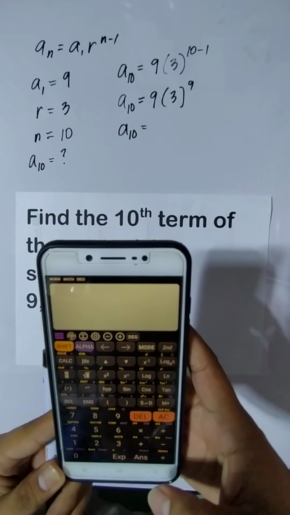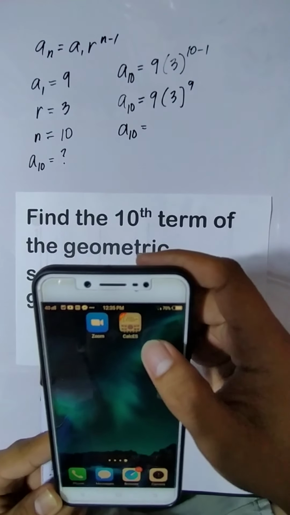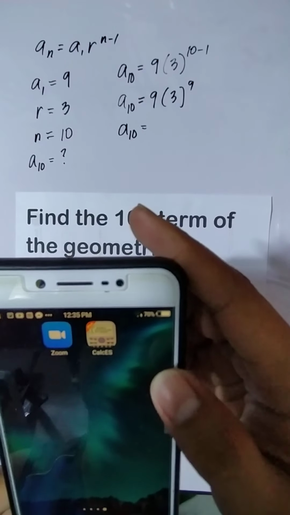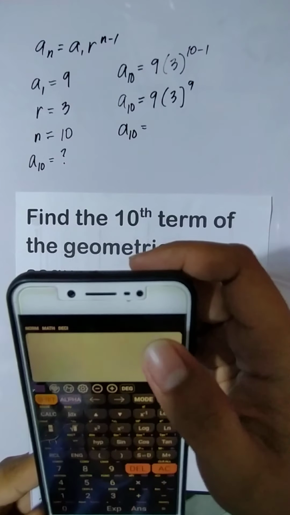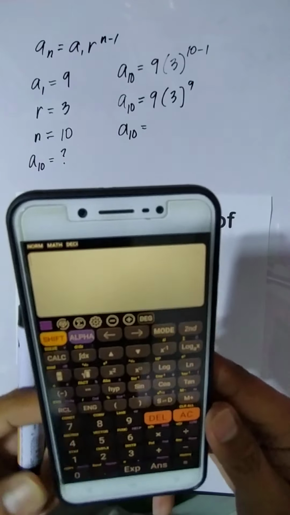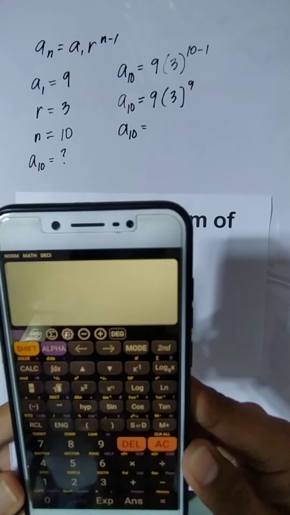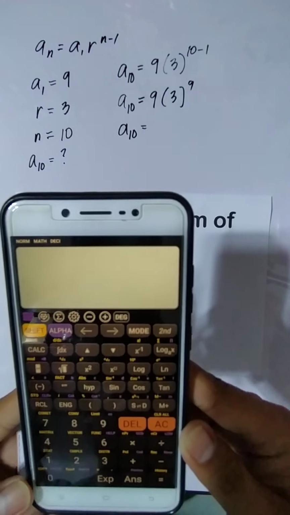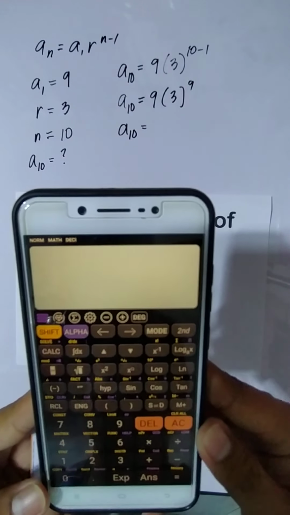This is CalcES. Dinownload ko siya sa App Store. So, this is one of the scientific calculators na makikita natin or madadownload natin sa App Store. Nandito kasi yung shortcut kung paano natin mabilis makukuha ang sagot kapag malaki ang exponent.